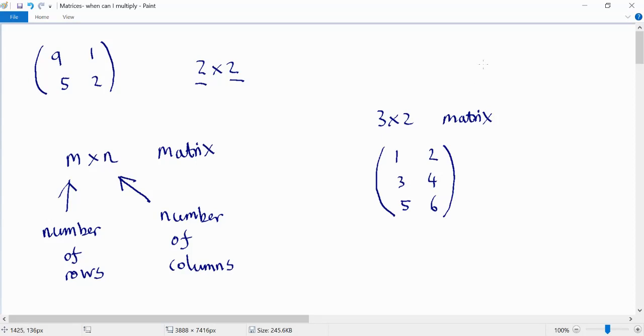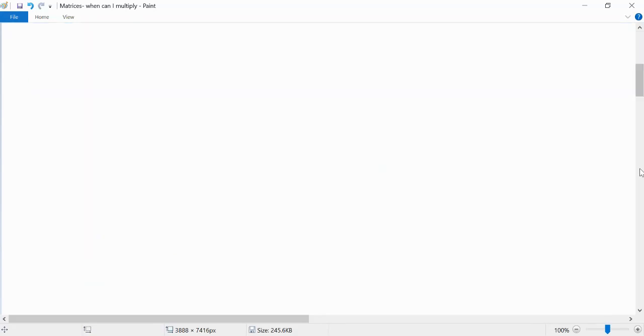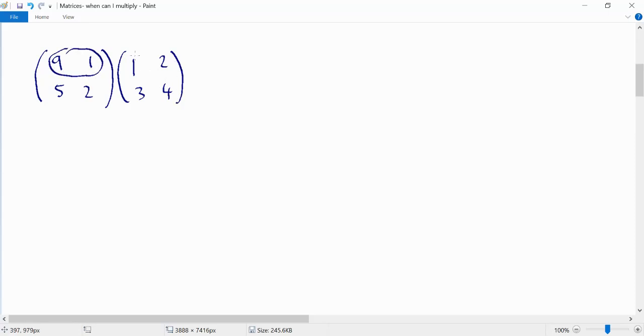Now that's going to be really important, because once we know what the dimensions of a matrix are, this is the thing that decides whether it is possible or not to multiply two matrices together. When we multiply two matrices, we are multiplying the rows in the first matrix by the columns in the second matrix.